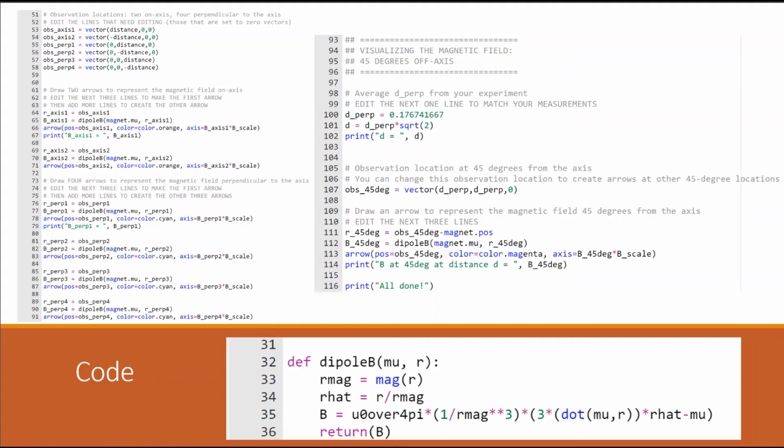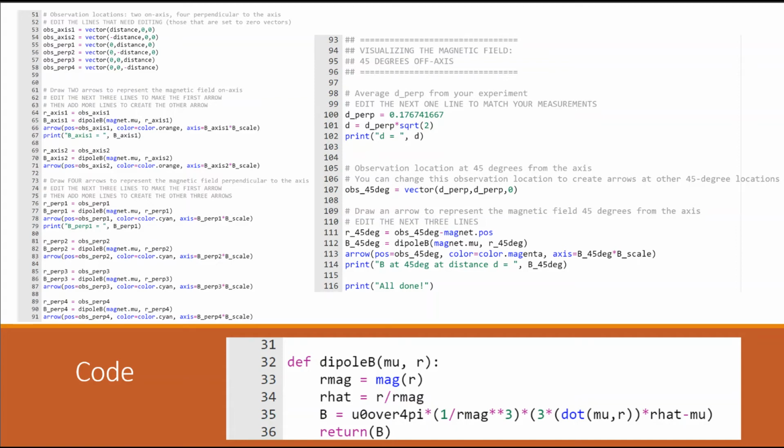So between lines 53 and 91, this is where I am creating the arrows to visually show what is happening. I wanted to make different locations, basically showing 2 on axis and 4 perpendicular to the axis, which you can see from line 53 to 58.